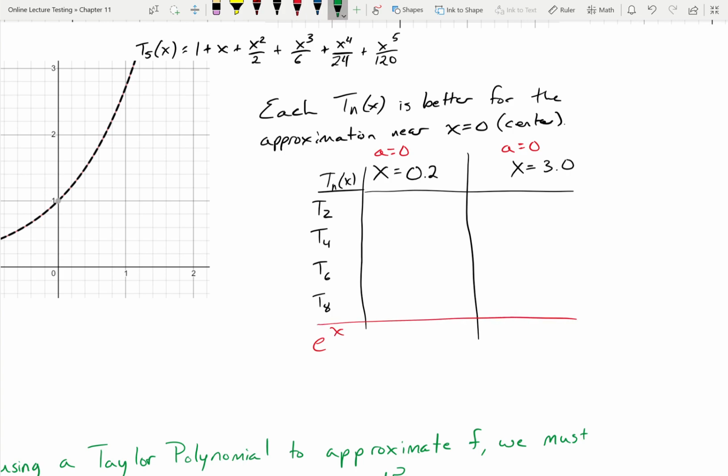All right, so if we plug in 0.2 in our second degree Taylor polynomial that we just found, or Maclaurin series actually, we get 1.22. If we plug it into the fourth degree Taylor polynomial, 1.2214, and the sixth degree, we get 1.221403.